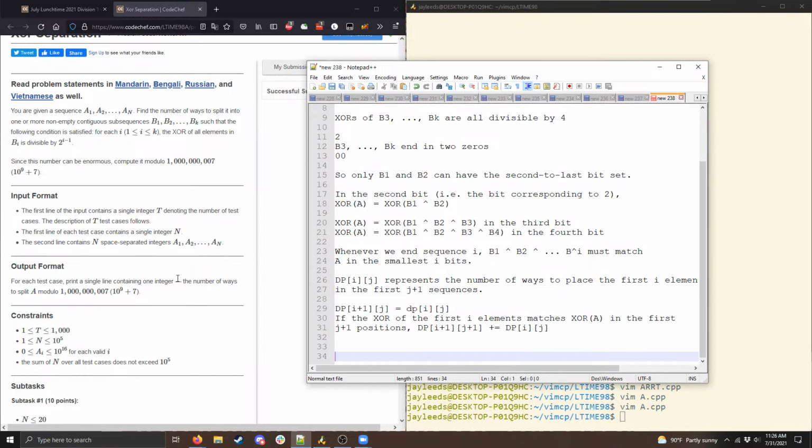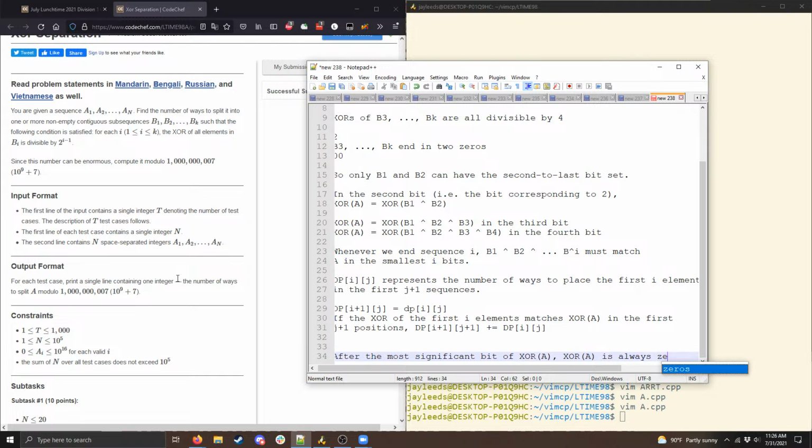But here's the observation. After the most significant bit of XOR of A, XOR of A is always 0.